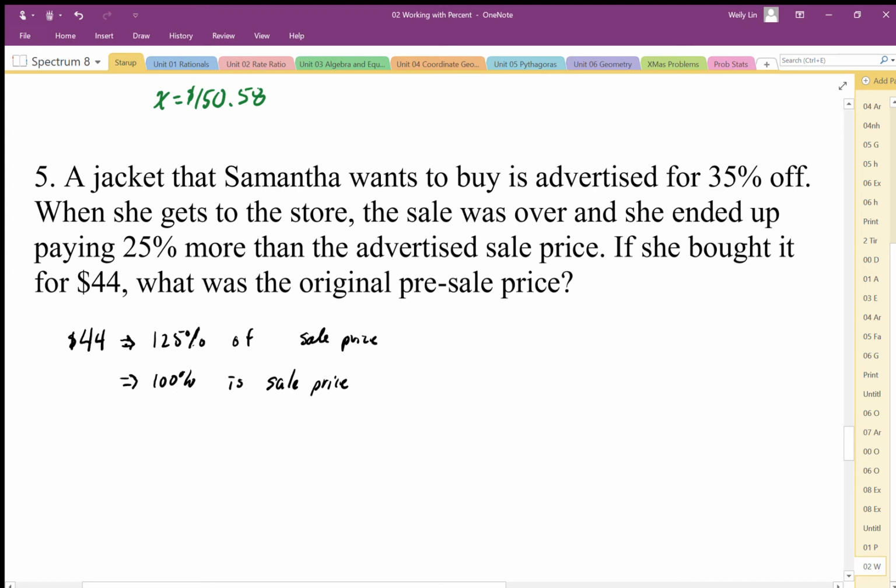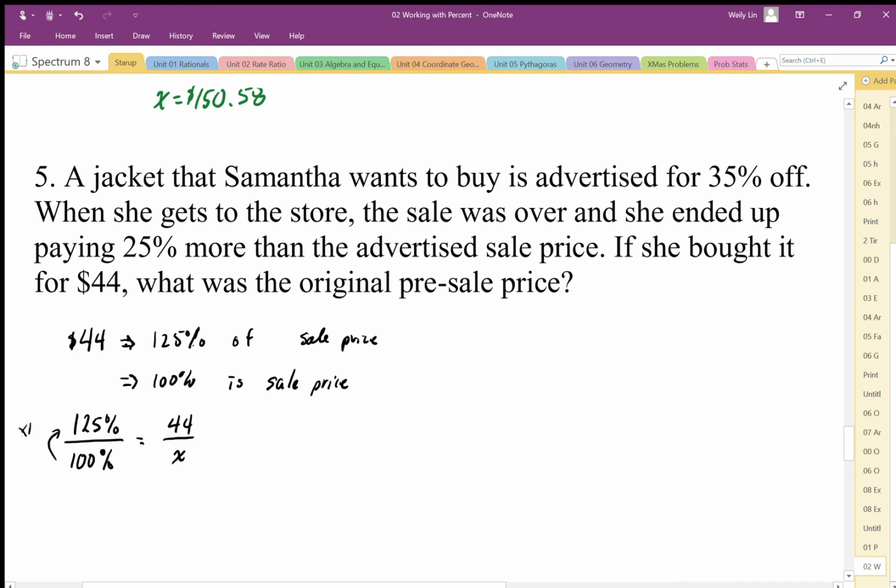So this is a little bit complicated, but we can work backwards and find out the sale price, and then work backwards to find out the original price. So let's do that. We're going to compare 125% to 100% first. So this is $44 to x.